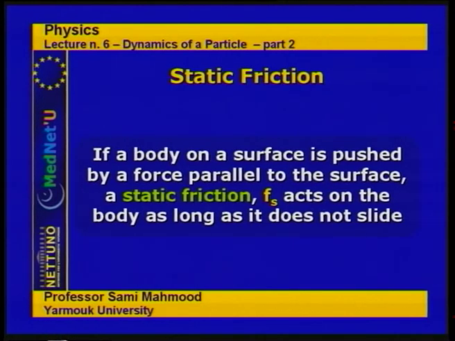If we apply a push on the object which is situated on top of a surface, and the object does not move as we push it, then the force acting on it would be the static frictional force, as we mentioned a little while ago. The static frictional force is variable because, as we mentioned, we keep pushing on a massive object and it doesn't move. As you push more and more, apply more and more force, at a certain point it starts moving, it starts sliding.